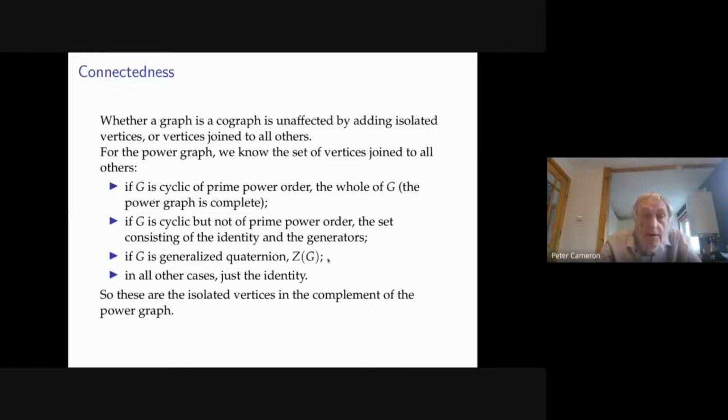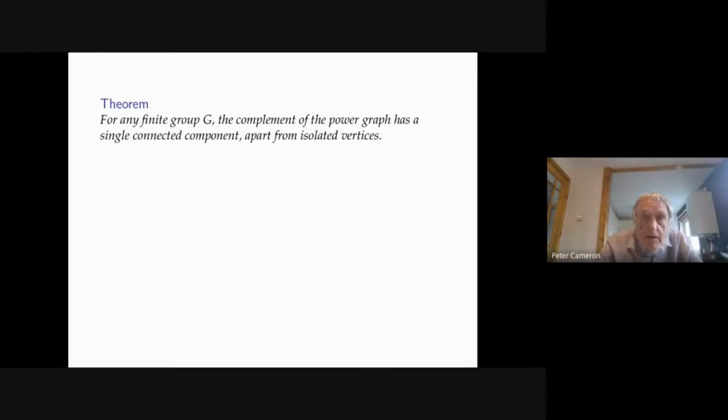So in fact, I said these are the vertices joined to all others in the power graph. Therefore, they're the vertices that are isolated in the complement of the power graph. And so this is what happens in the complement of the power graph. For any finite group, the complement of the power graph has a single connected component apart from isolated vertices.